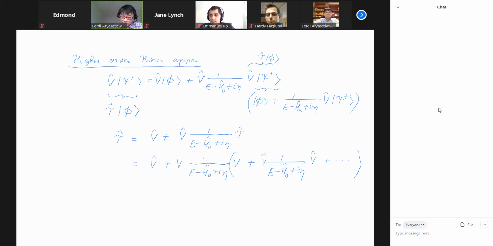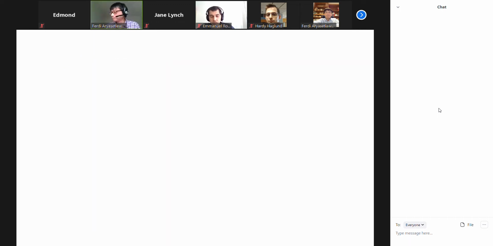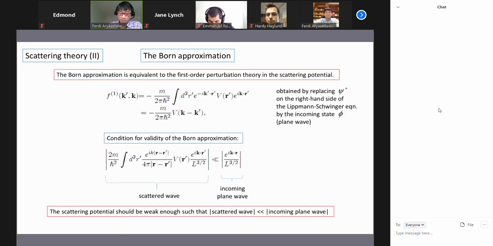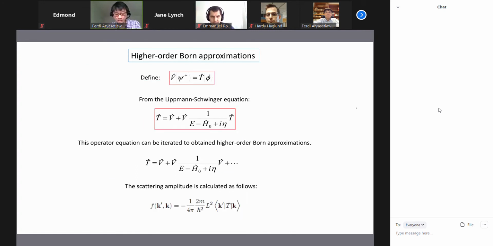Unless you can actually solve this integral equation, see if you can invert it and solve for the T, then that could be equivalent to summing into all orders in the perturbation expansion. Okay. So in the next slide I have here, yeah, so that's the higher order Born approximation.